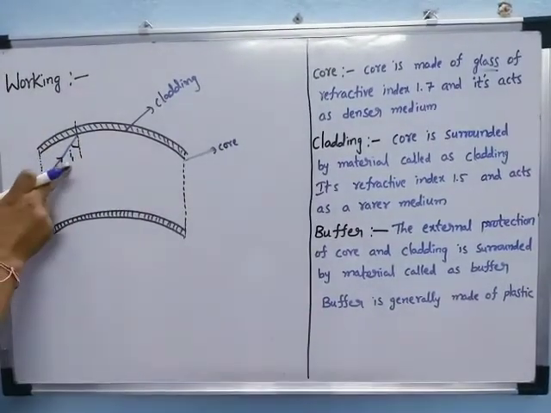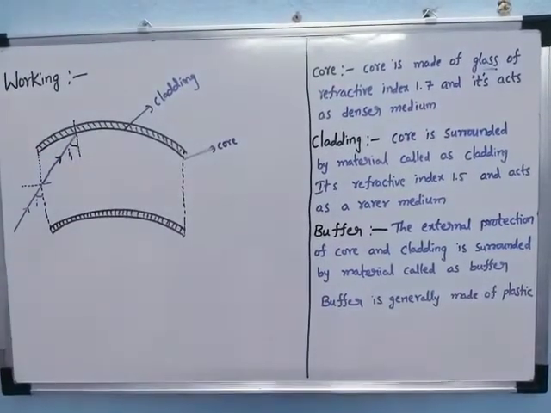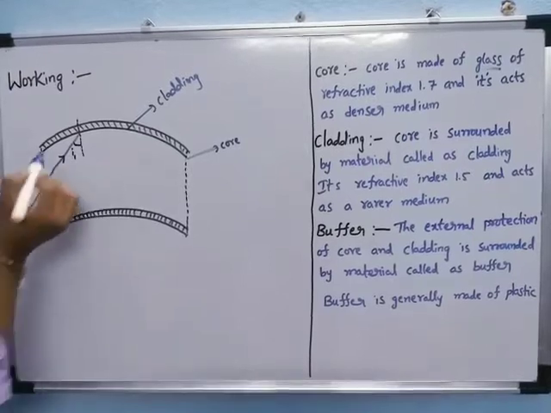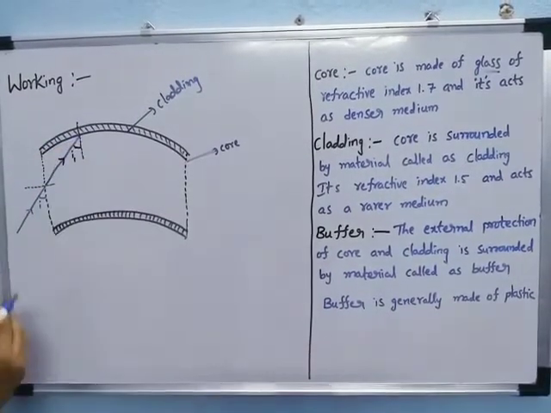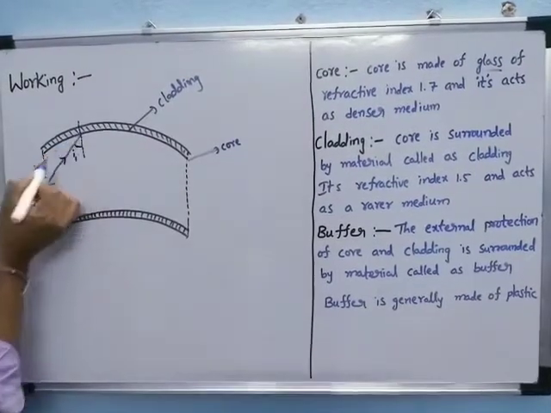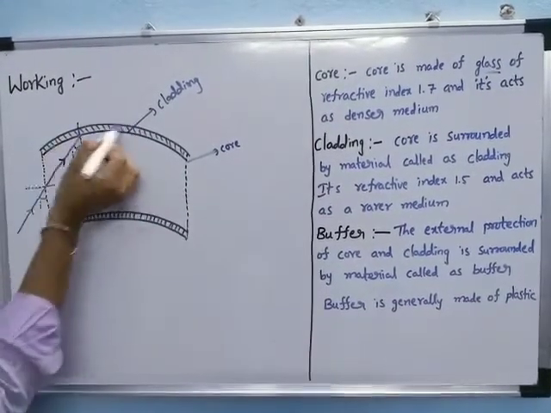This angle of incidence is greater than the critical angle, because it meets at the interface of core and cladding. This is the core and this is the cladding.